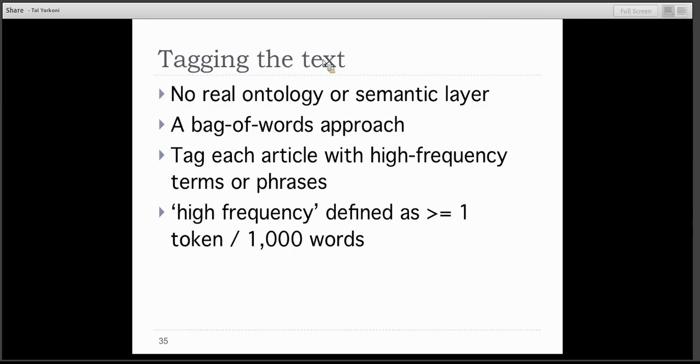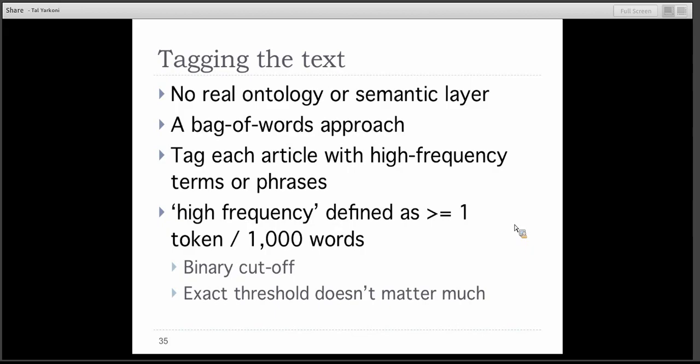So it's a bag of words approach. All we're doing is taking each article, taking the full text, and tagging the article with all the terms that occur at particularly high frequency. Frequency can mean anything, so we operationally define it here as 1 token per 1,000 words. So if you have a 5,000 word article and the word language occurs 5 or more times, we say that's an article about language. If it doesn't occur 5 times, it's not an article about language. So it's a binary cutoff, and it's kind of arbitrary, but it turns out the exact threshold really doesn't matter much for the results, which is nice.